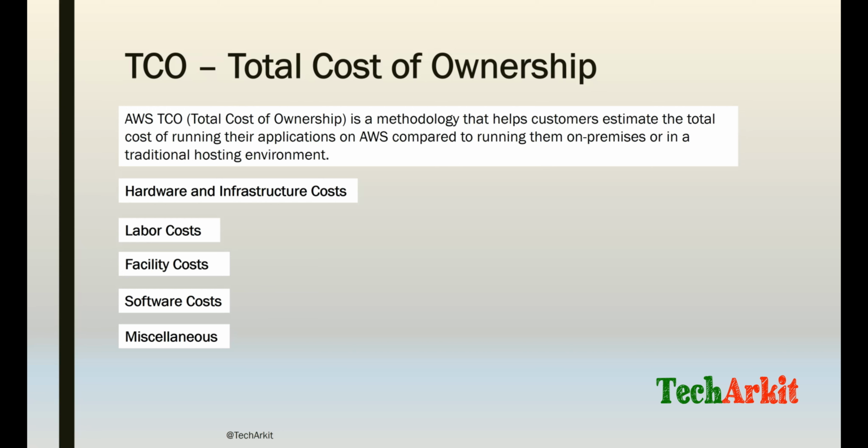So that's going to be the total cost of ownership you have to calculate to compare your on-premises costing and the AWS costing while you do any migrations. You basically calculate it if you want to migrate your services from on-premises to the cloud.